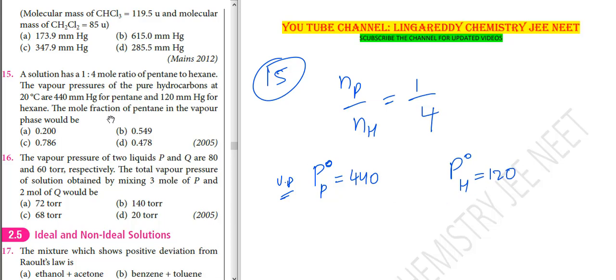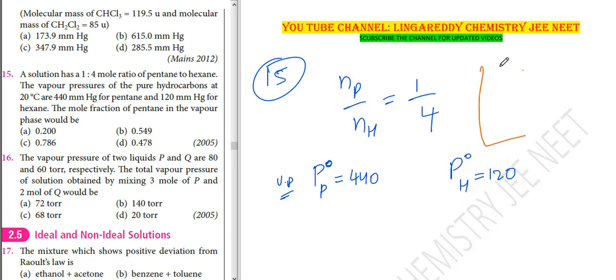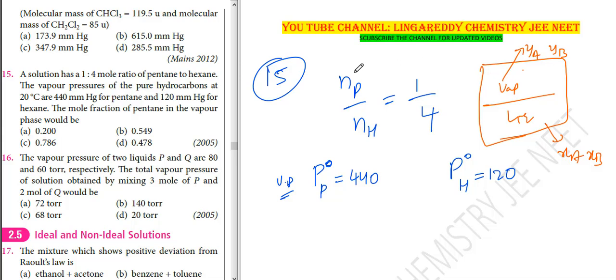Then the mole fraction of pentane in the vapor phase. For this, make a rough figure of the liquid phase and vapor phase. Here the mole fractions are XA, XB, and here the mole fractions are YA and YB. A is the pentane, B is the hexane.